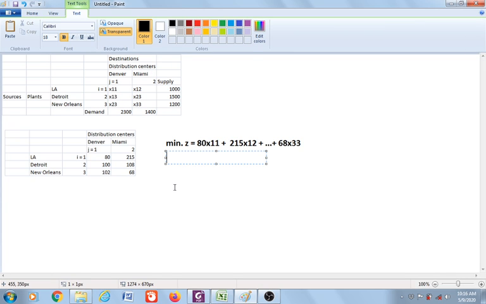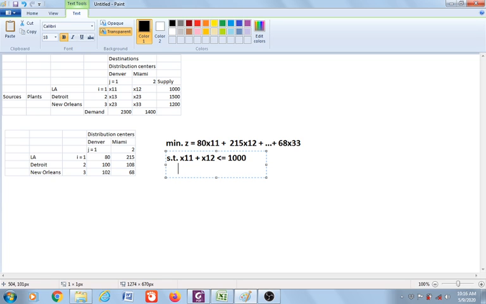Now our first constraint is the capacity of the plant. The total capacity of plant number 1 is just 1000. So x11 plus x12 must be less than or equal to 1000.